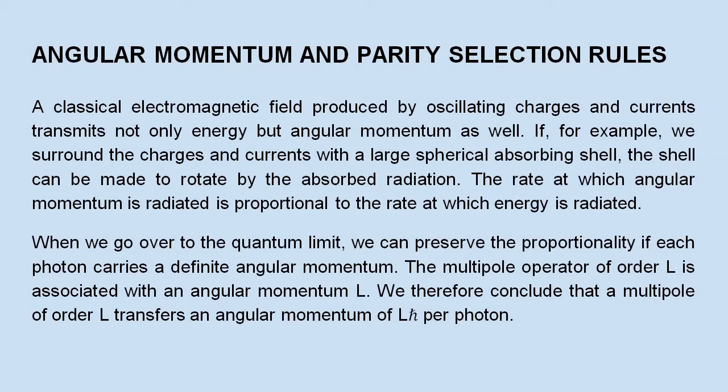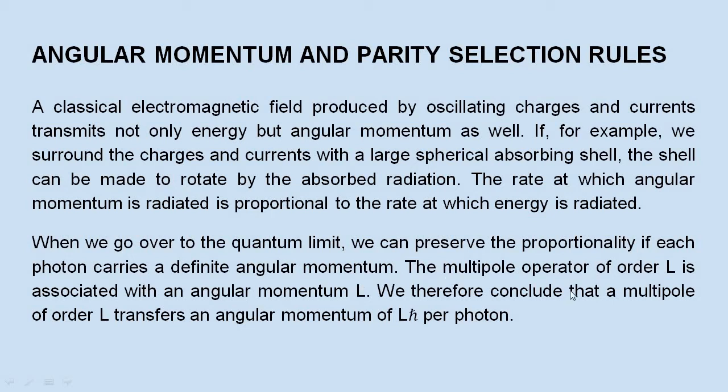The rate at which angular momentum is radiated is proportional to the rate at which energy is radiated. That is always a connection between angular momentum and energy. When we go over to the quantum limit, we can preserve the proportionality if each photon carries a definite angular momentum.